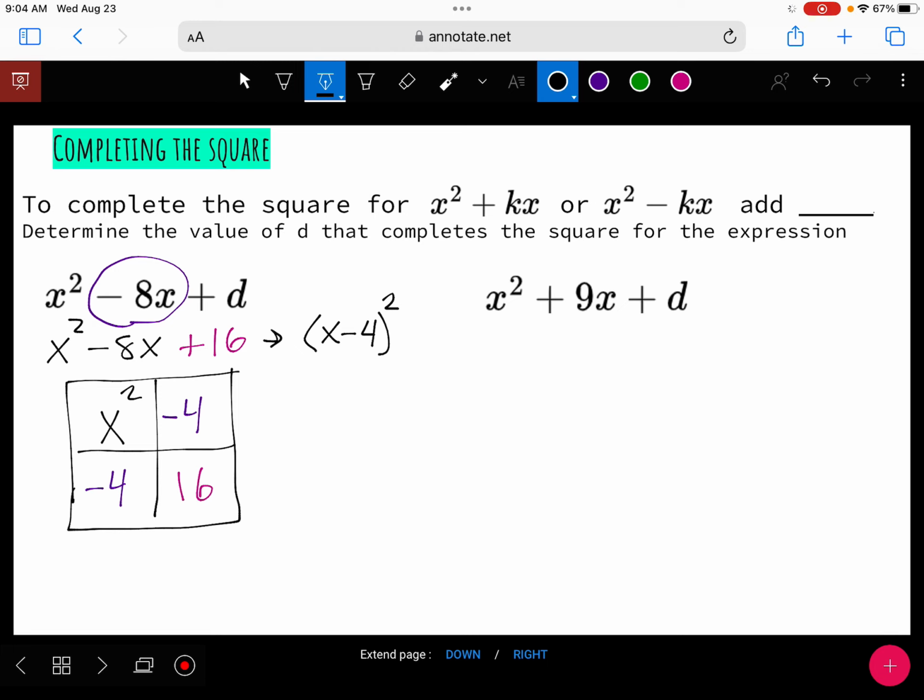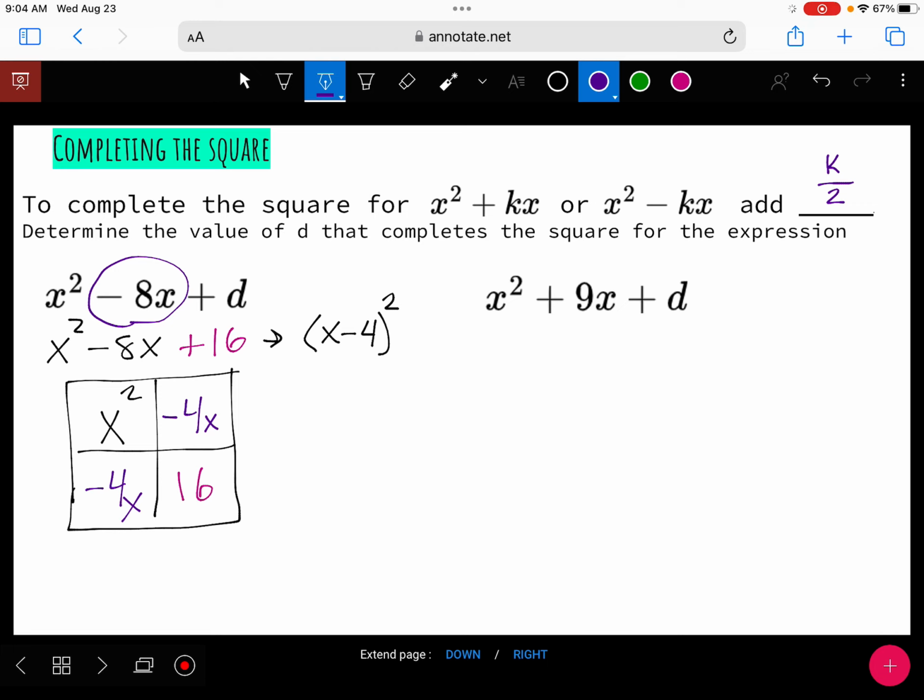So what they're asking for is what needs to be added on the end here to make this stuff work. Sorry, these were -4x and -4x. What we do is we take whatever our middle term is. So here they're talking about k.